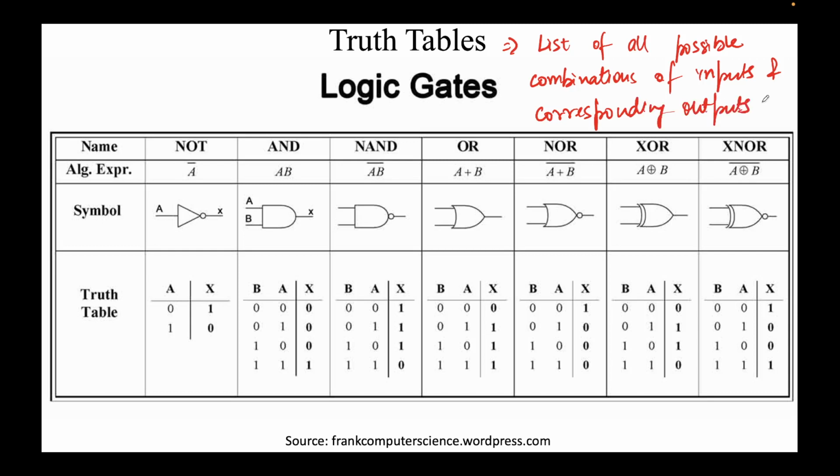So what we'll do essentially is list whatever inputs are possible in that system, and then given the system, we'll try to evaluate the output.